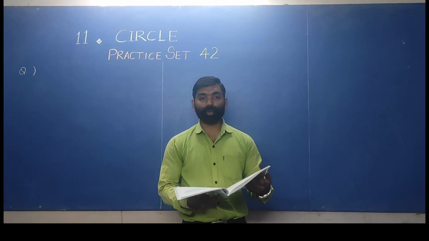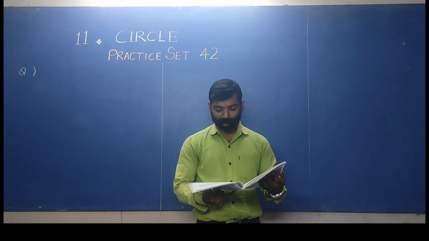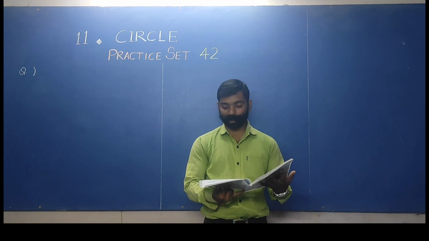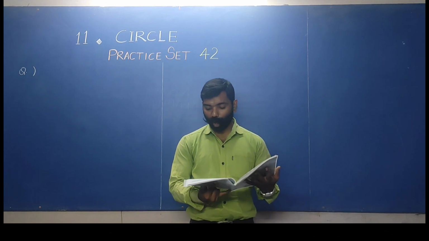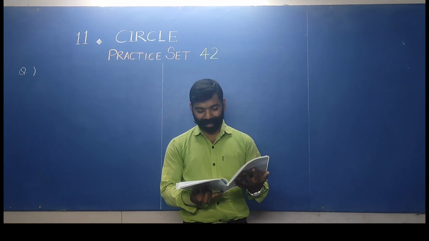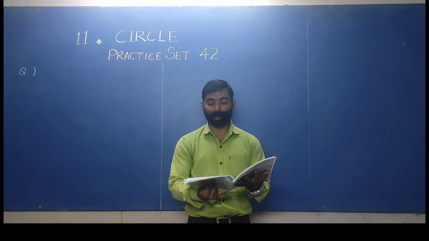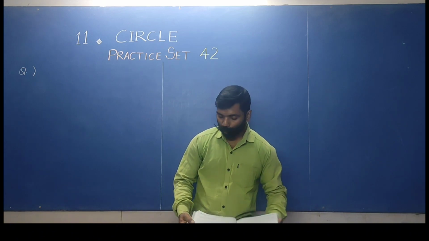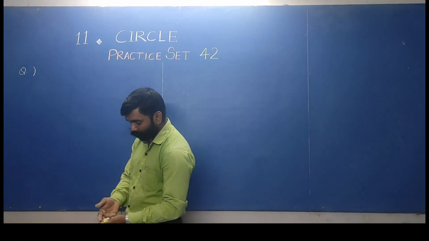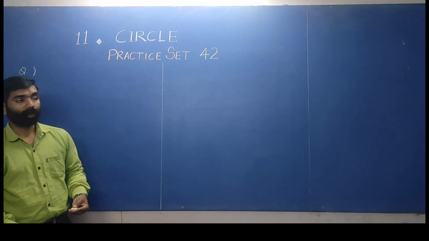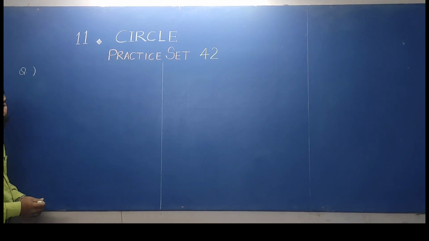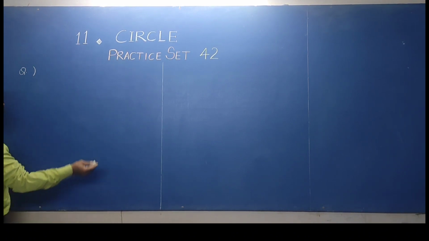Okay students, let's see question number 3. The radius of a circular garden is 56 meter. What would it cost to put a 4-round fence around this garden at a rate of 40 rupees per meter? We need to find the cost of the fence. So what has been given students, we need to write.